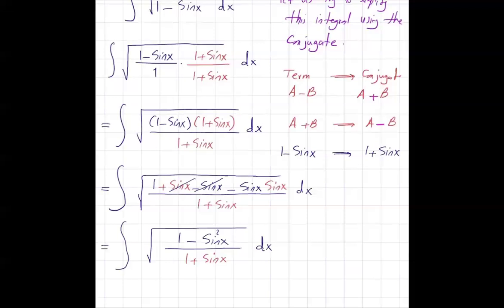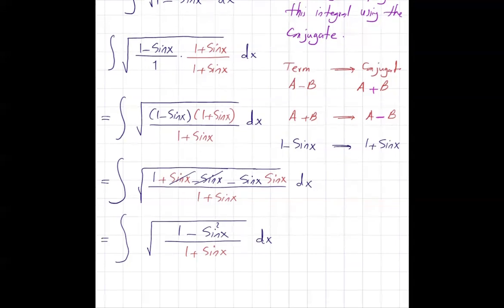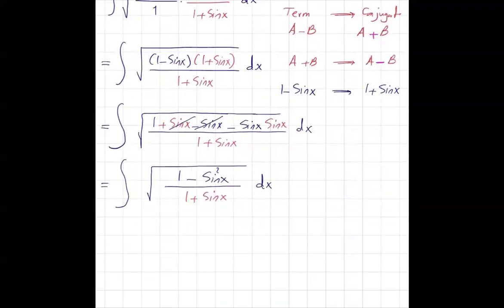Very good. So take a look. From pre-calculus, remember that sine squared alpha plus cosine squared alpha is equal to 1. So 1 minus sine squared alpha is nothing but cosine squared alpha. Your integral is square root of cosine squared of x.